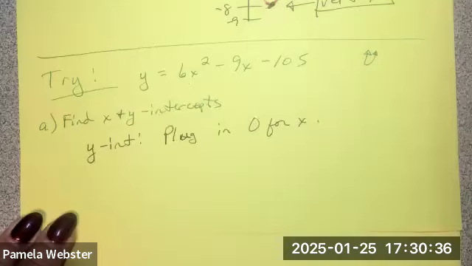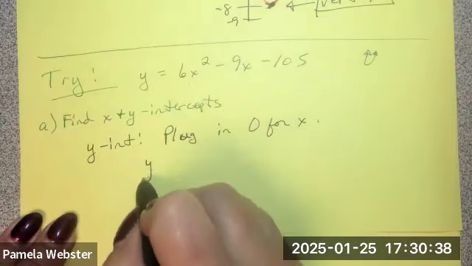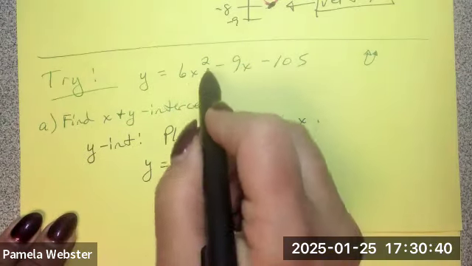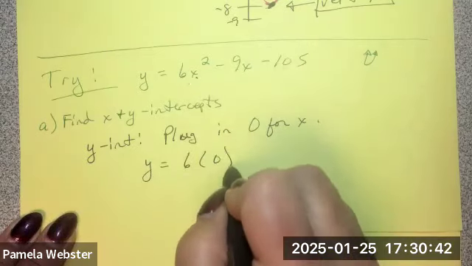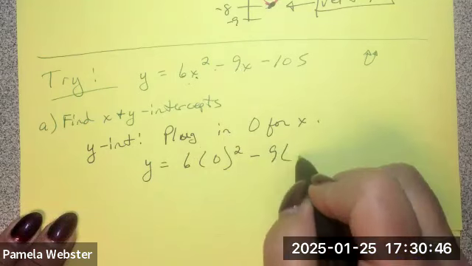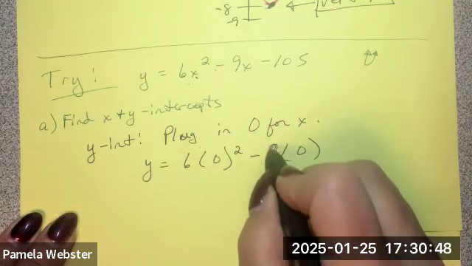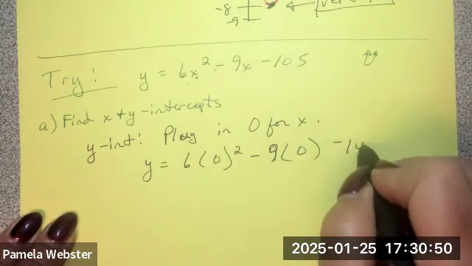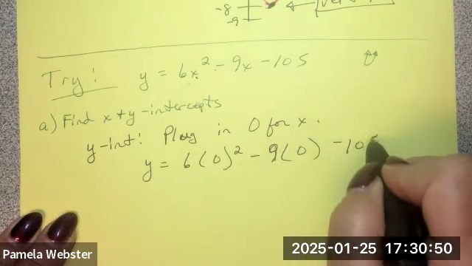All right, plug in 0 for x. So I come up here, I say y equals 6 times, instead of this x, I'm going to put in a 0, squared, minus 9 times, instead of that x, I'm going to put in a 0, minus 105. Again, this makes life nice for me because 0 squared is 0 times 6 is 0. 9 times 0 is 0.